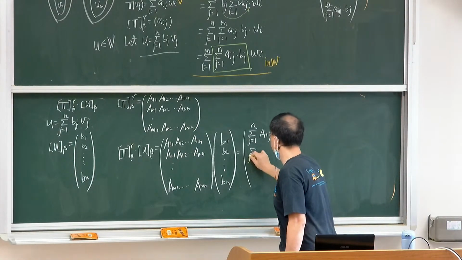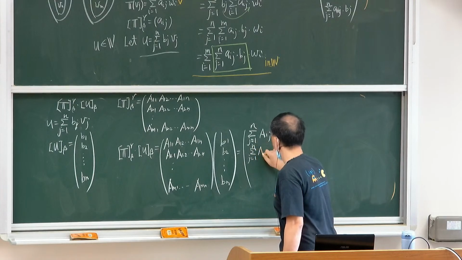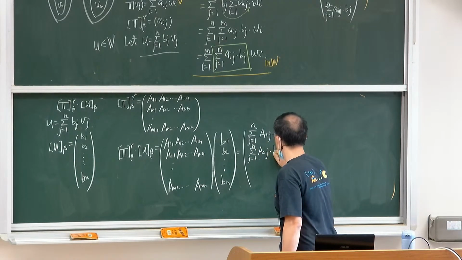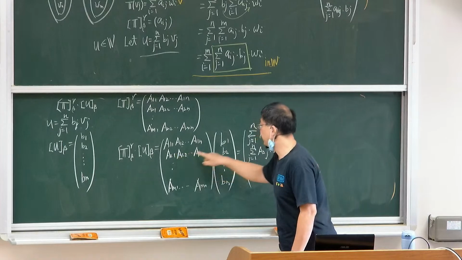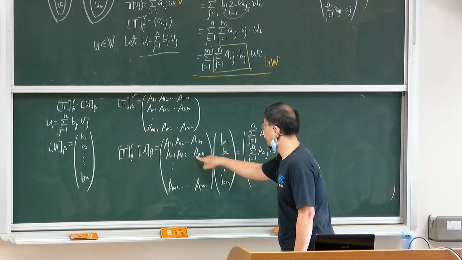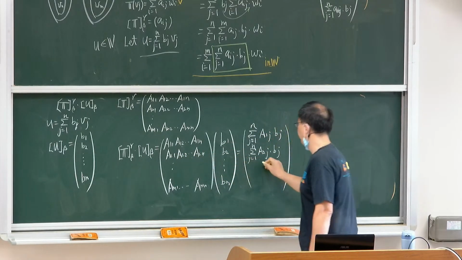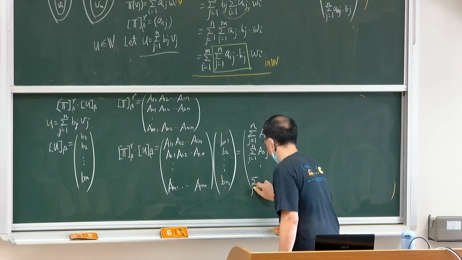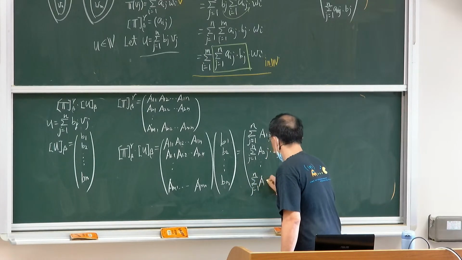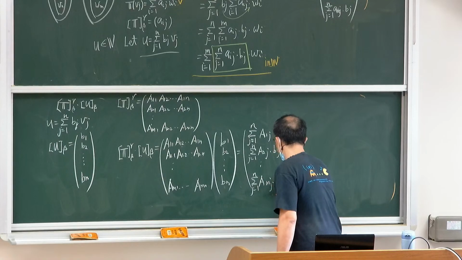So j equals 1 to n, A2j times Bj, A21 times B1, A22 times B2, A2n times Bn, etc. Summation j equals 1 to n, AMj times Bj.